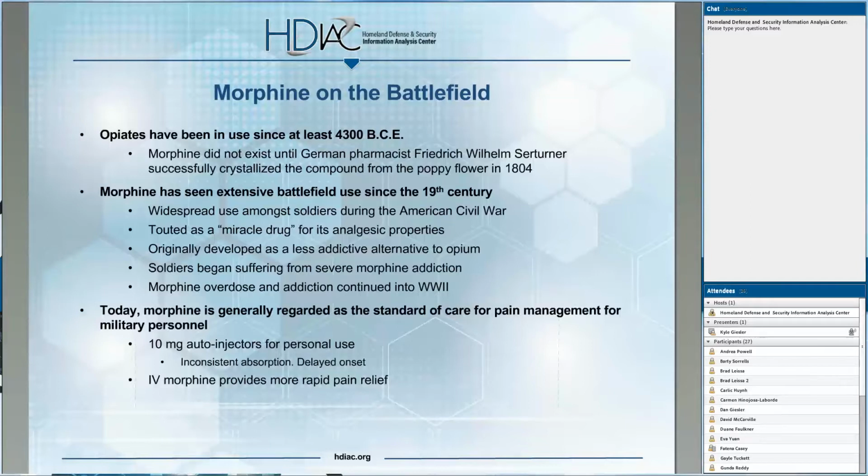Morphine is available as morphine sulfate at 10 milligram auto-injectors for personal use, which are usually used for intramuscular injections. But the intramuscular injections tend to have inconsistent absorption, a delayed onset, and compromised analgesia when not used appropriately. This is where IV morphine comes into play and provides a far more rapid and consistent pain relief where IM morphine fails.